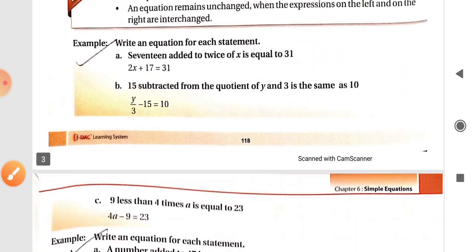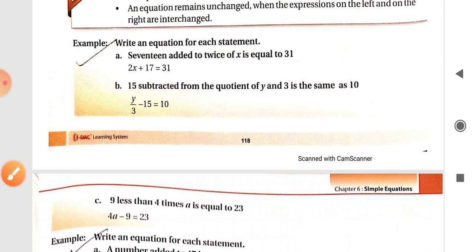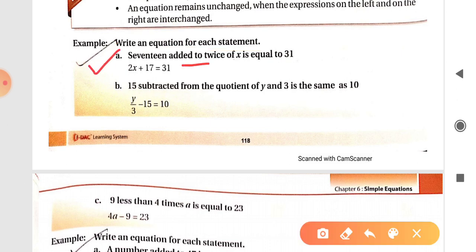Next example is write an equation for each statement. We are given the statements and we have to write the equation. In the previous example we have written the algebraic expression, but in this example we have to write an equation for each statement. First example is 17 added to twice of x is equal to 31.